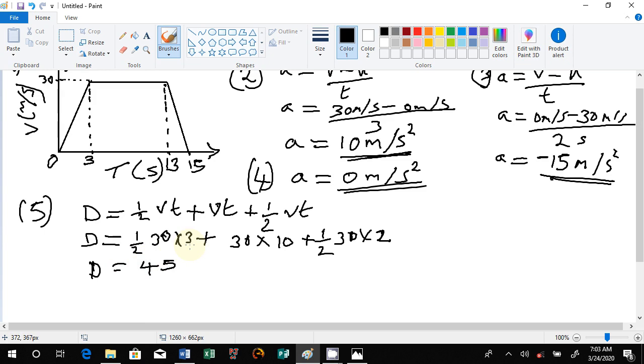Next, we add again. 30 times 10, I mean 300, plus half of 30, that is 15, multiplied by 2, that is 30. And the total distance will be equal to, we should add those figures, it's very important.